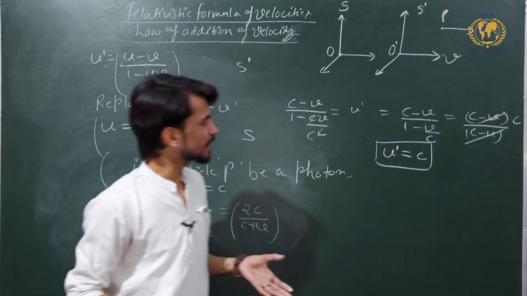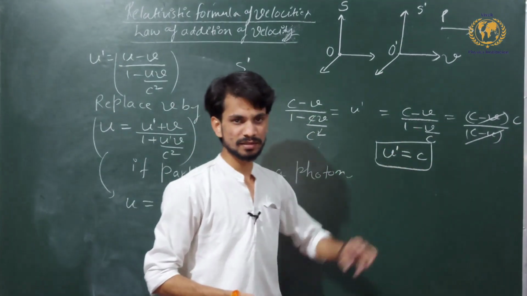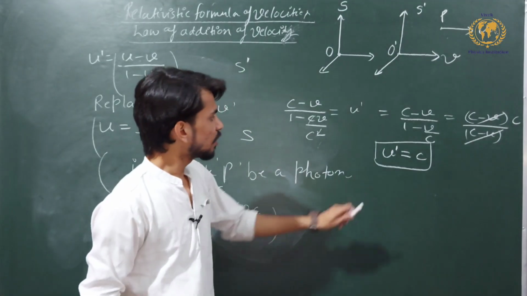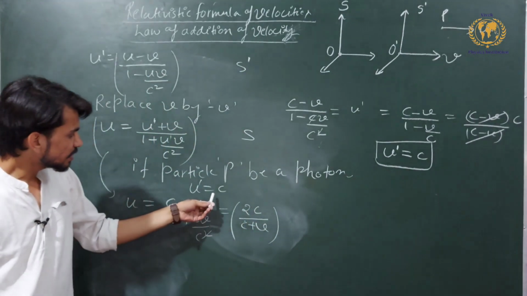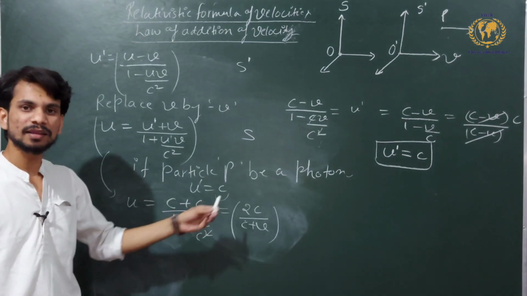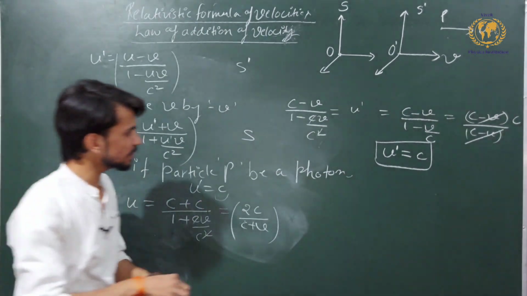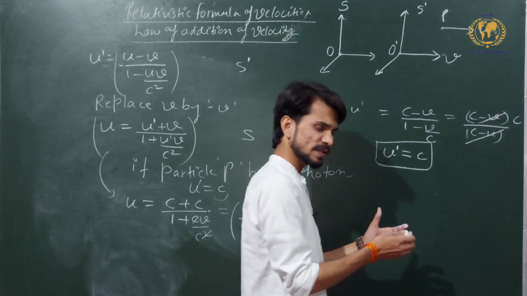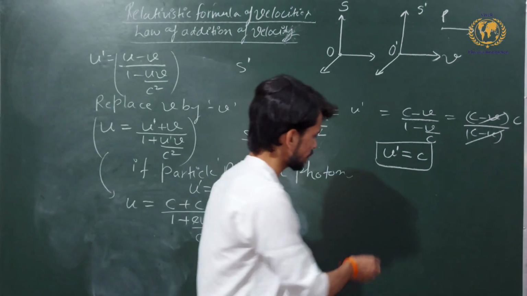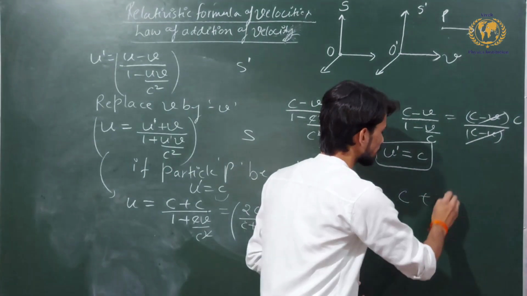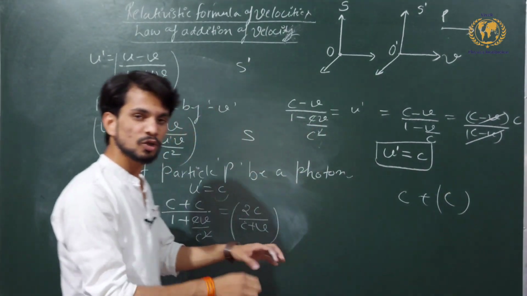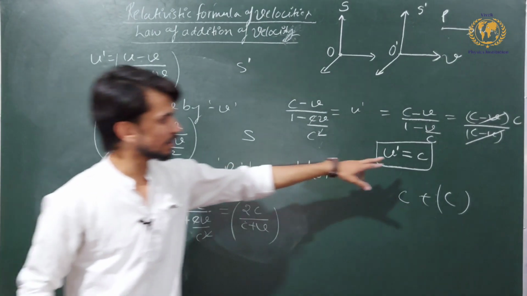Now the physical significance behind this mechanism is that when you add the velocity c to the velocity of already c, let's say the speed of light is c, if you add some other velocity c, according to this formula you will get again c.